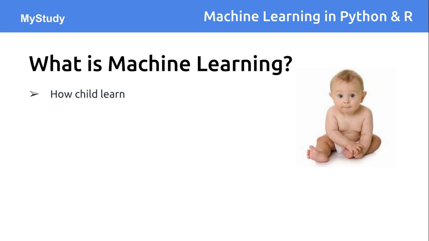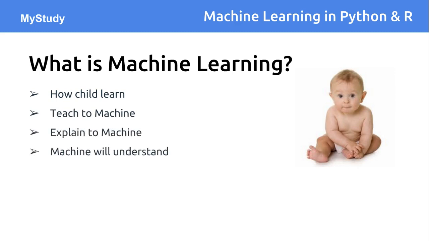In the same way, we try to incorporate those capabilities of the child brain, or even the adult brain, that we have as humans into machines, and that is nothing but machine learning. So simple: teach the machine, explain to the machine, and the machine will start to understand. That is nothing but a machine learning algorithm, and the machine will start learning.